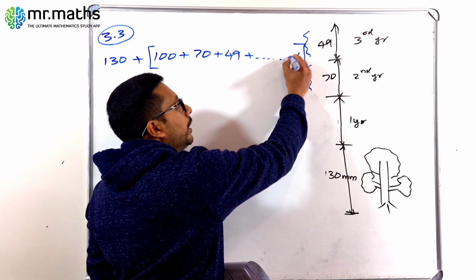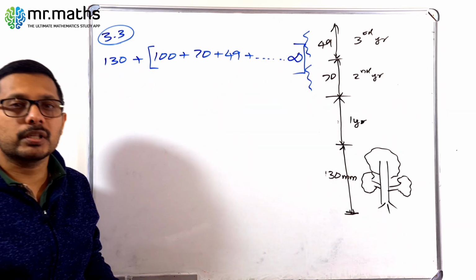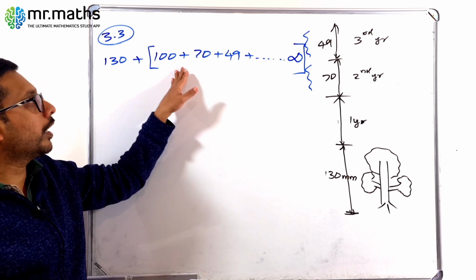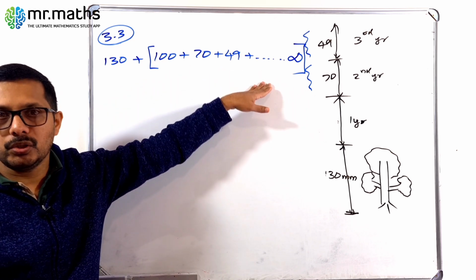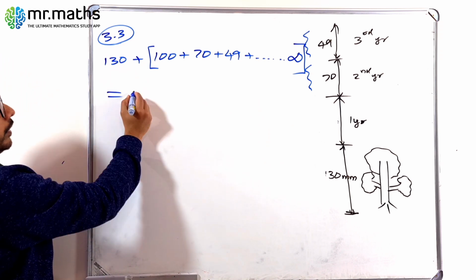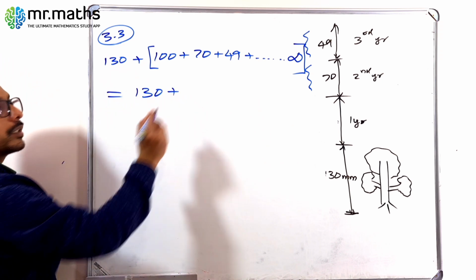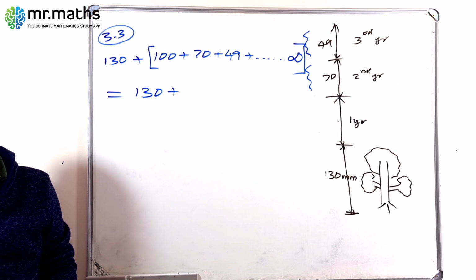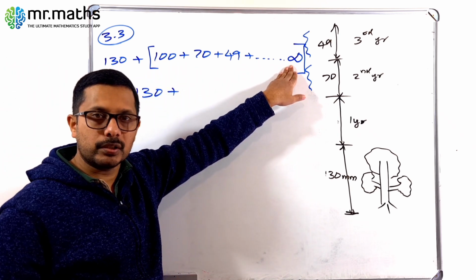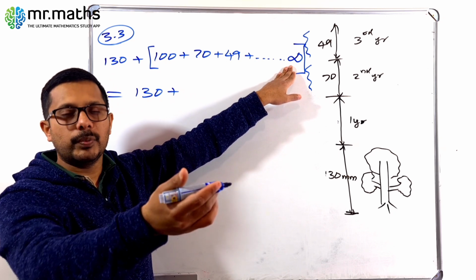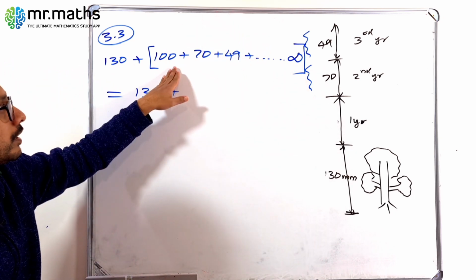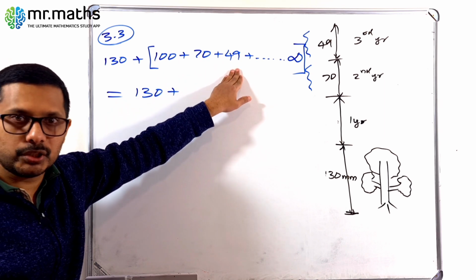In sequence and series terms, that means you have to find the sum to infinity. Here this 130 is fixed, that's the beginning height. From there, what is the sum to infinity? That is what the eventual height is. So in the future, in infinity, what is the height? You have to find the sum to infinity of this height.